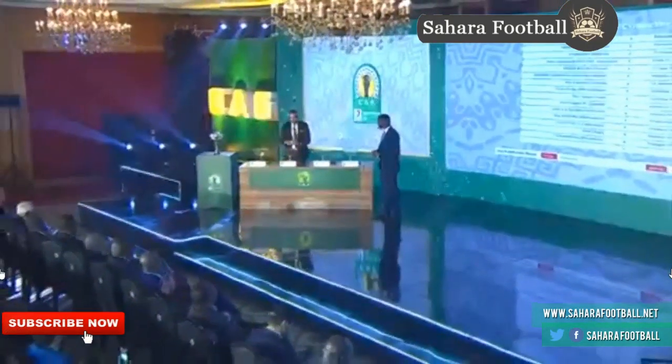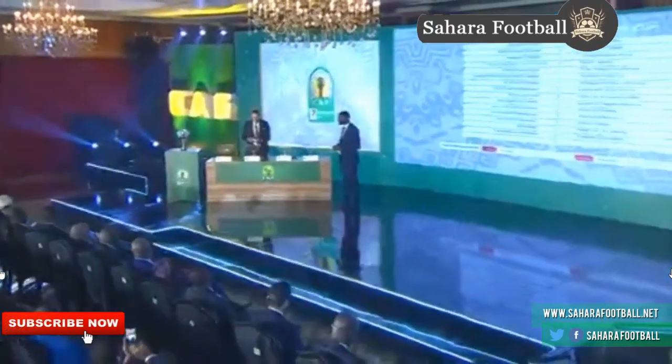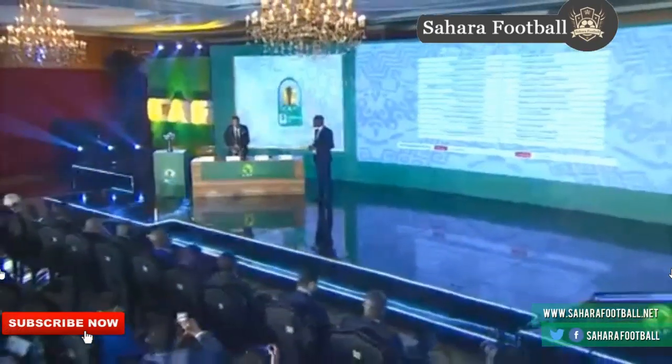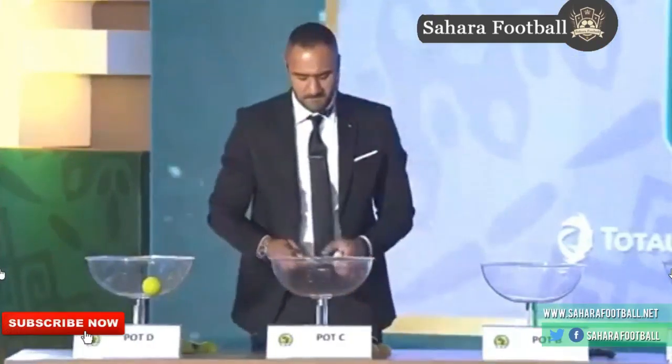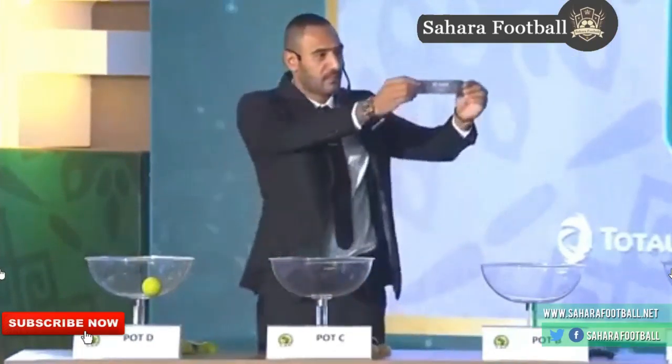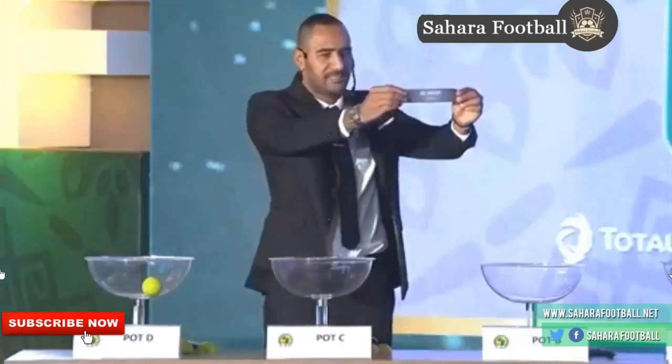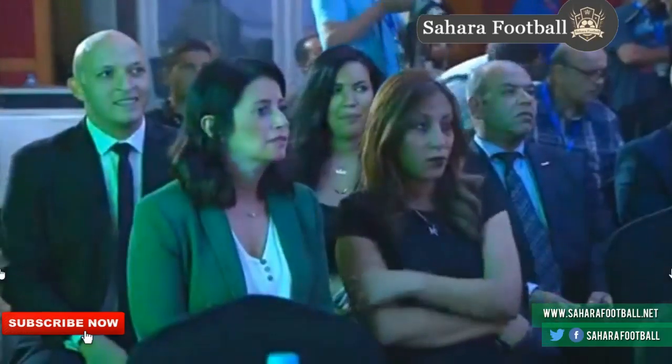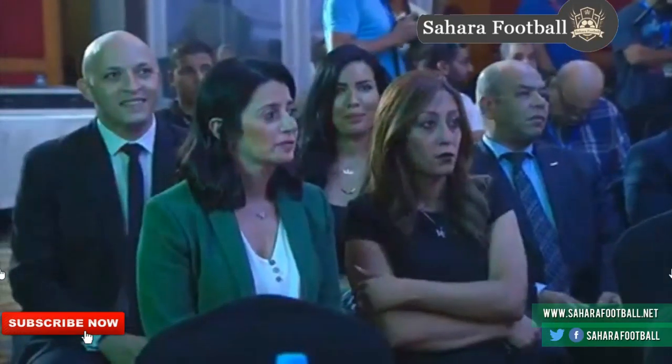The last two teams. Al Nasr of Libya, the second to last team.